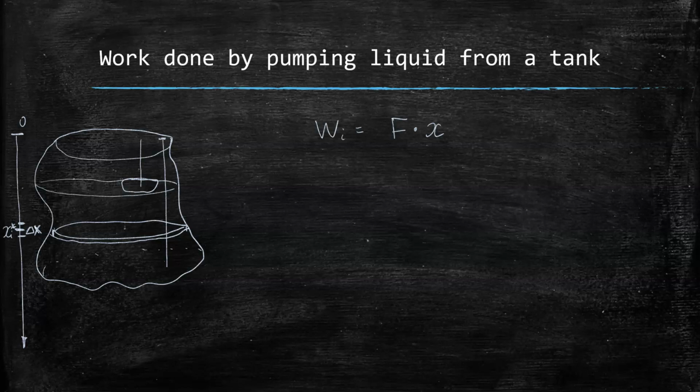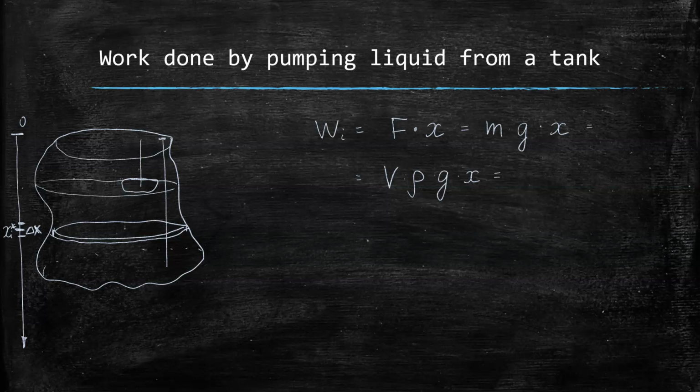Now, let's talk about the force. The force needed to lift that much water depends on the mass of water, and it's going to be, according to the formula, multiplied by the gravitational constant. But the mass of water depends on the volume and the density of water.